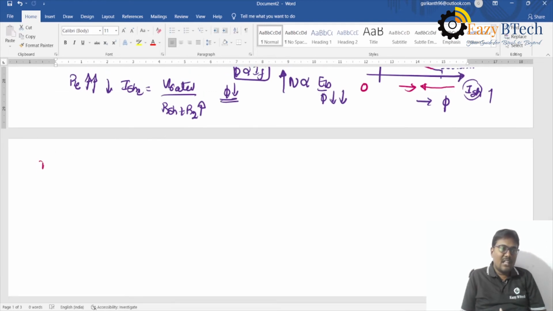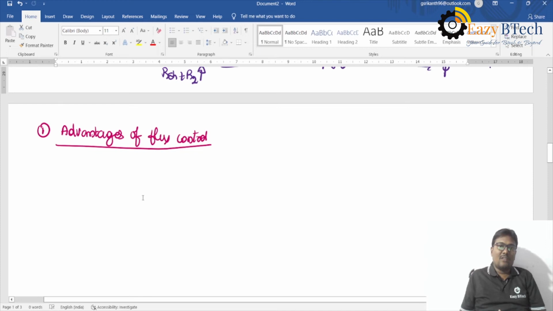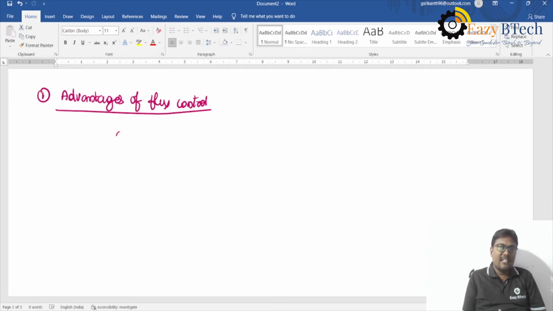So what are the advantages of the flux control method? If you can observe, when the flux is decreased below the rated value, the speed is greater than the rated value.